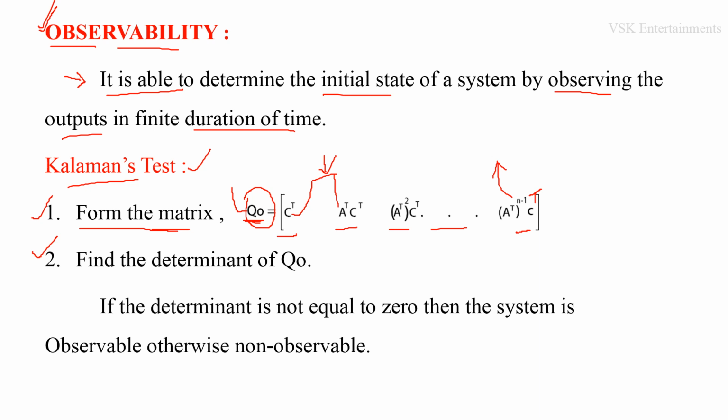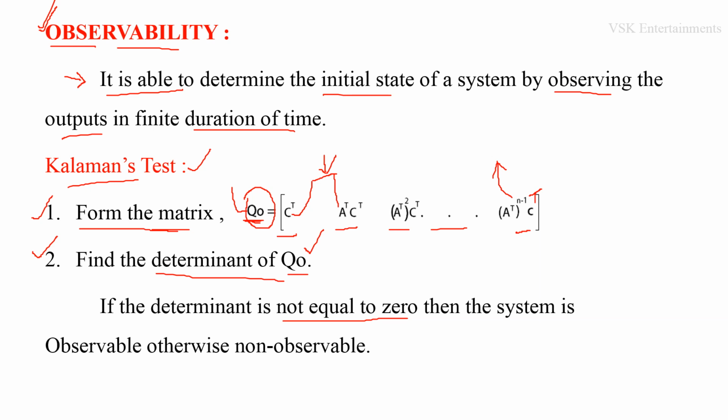After forming the matrix, in the second step we determine the determinant of the observability test matrix Q0. If the determinant of the observability test matrix is not equal to 0, then the given system is said to be an observable system.